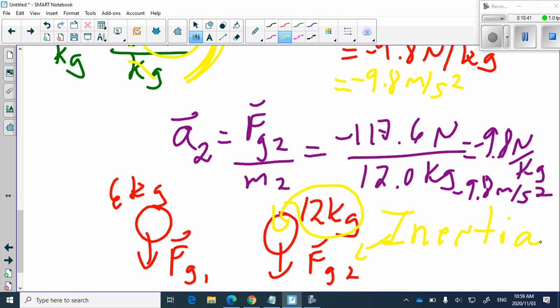So it's a trade-off. Yeah, you got a bigger force acting on you, but there's more there to accelerate. So it always equals out to negative 9.8 meters per second squared when you're talking about objects of different masses falling towards the surface of the Earth due to the gravitational field strength near the surface of the Earth, and we are ignoring air resistance.